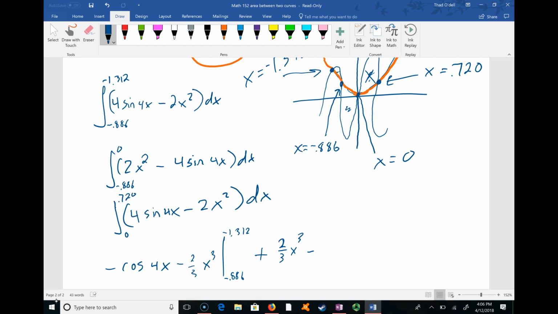This time I don't want a minus because the derivative of cosine would produce a minus sign, right? So we want plus here actually, and that would be cosine 4x again. And we're doing that from negative 0.8.